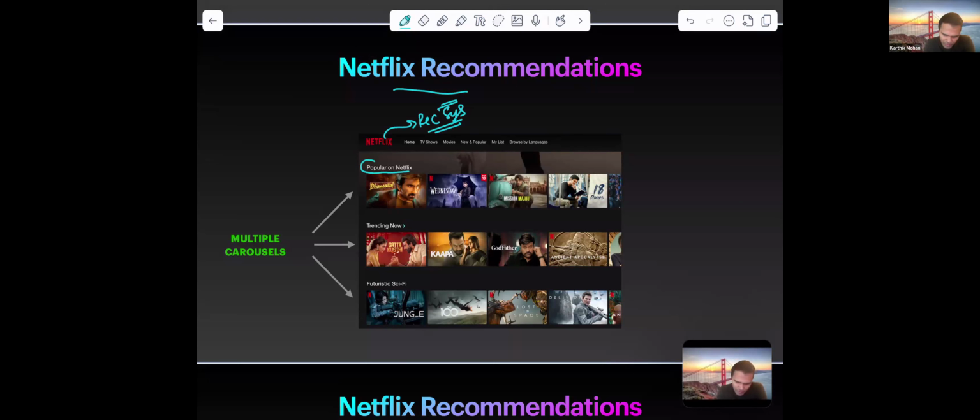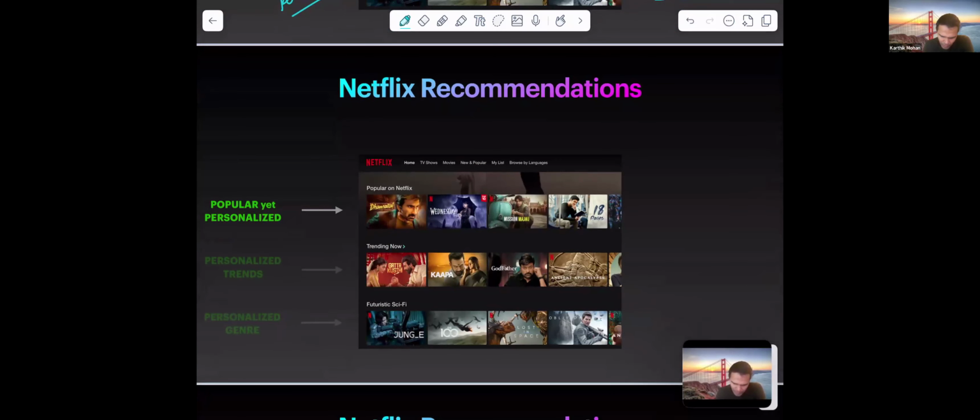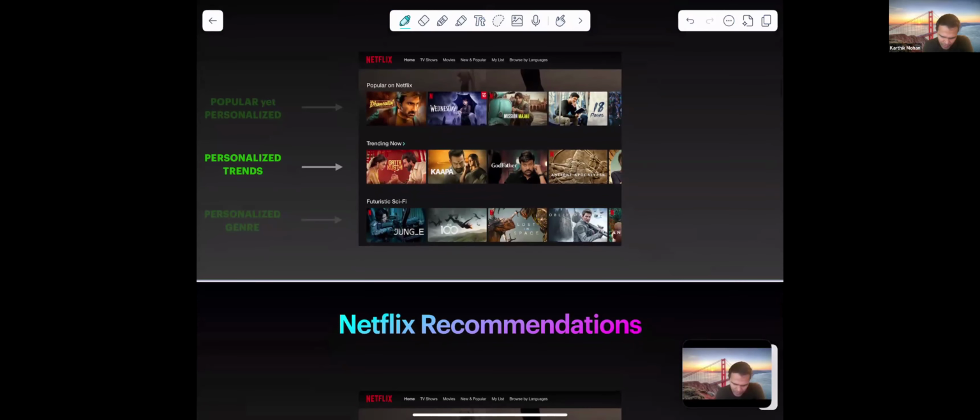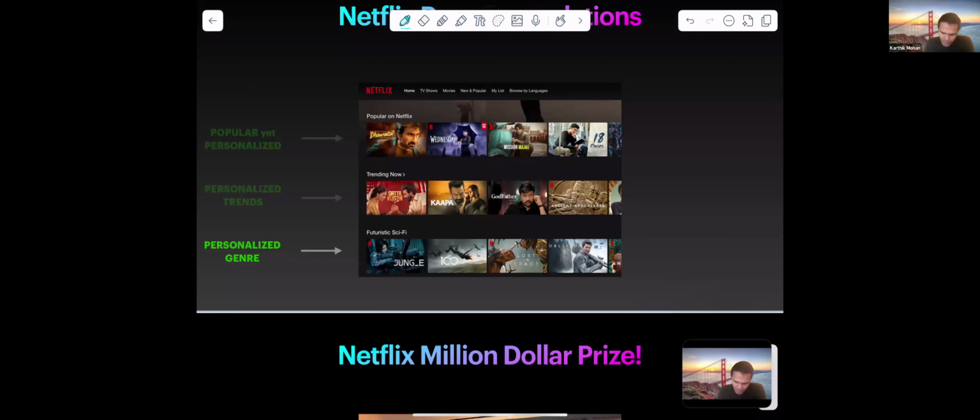You can see the ones that are popular on Netflix, the ones that are trending right now, and then there are things that are personalized to me. Things that I would love to watch are futuristic sci-fi movies, and it has a separate row for it. So popular yet personalized is one, personalized trends is another, and personalized genre is another.